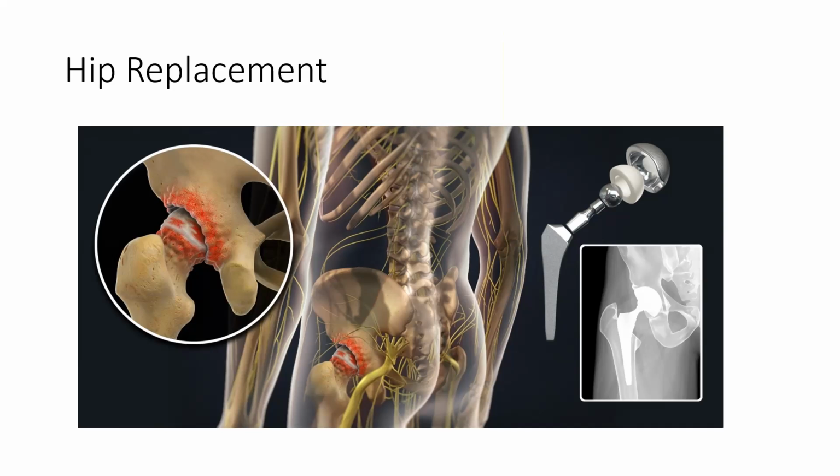And then this becomes the new head of the femur. It's usually covered with some sort of non-stick surface. That's stainless steel, but many of them are made of titanium. It's lighter than steel, but stronger. And then the acetabulum has to be replaced and covered with a new non-stick surface for the ball of the socket to rotate against.